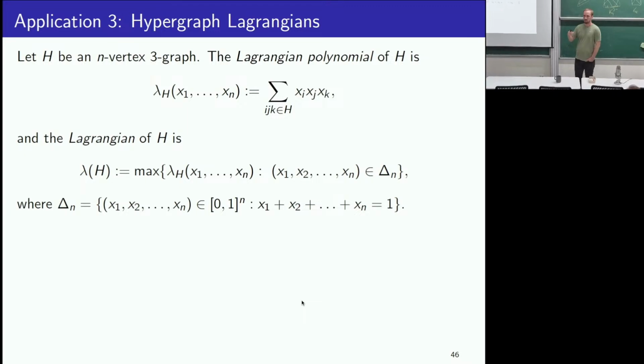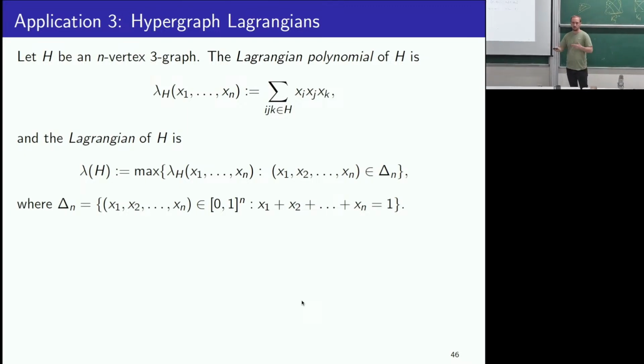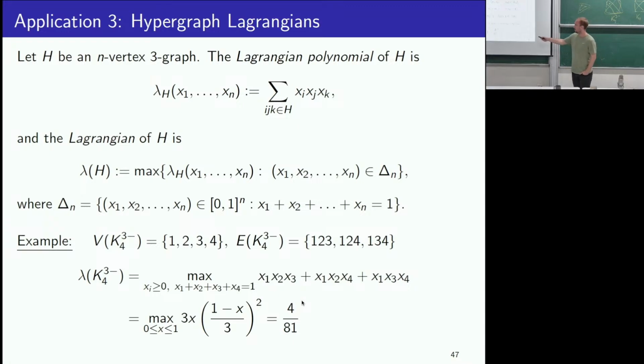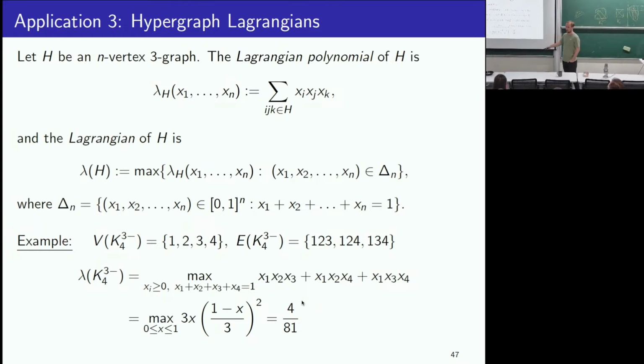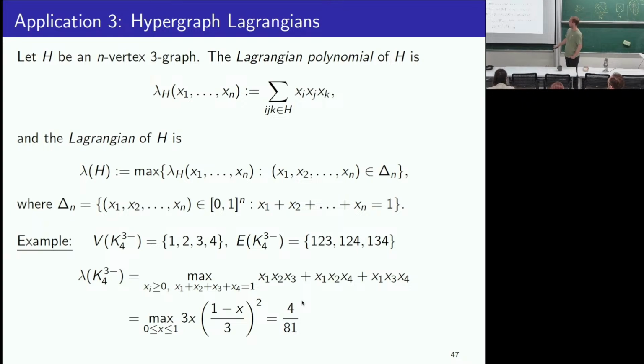If I give you a somewhat large hypergraph, it's quite a tedious optimization you have to run. Here's one example. I give you the K4^3 minus, the one with 3 edges on 4 vertices, and I now want to calculate its Lagrangian. First, this is the Lagrangian polynomial. For every edge, we get such a product, here another one, and then we sum them up. The Lagrangian asks for the maximum over positive variables summing up to 1.